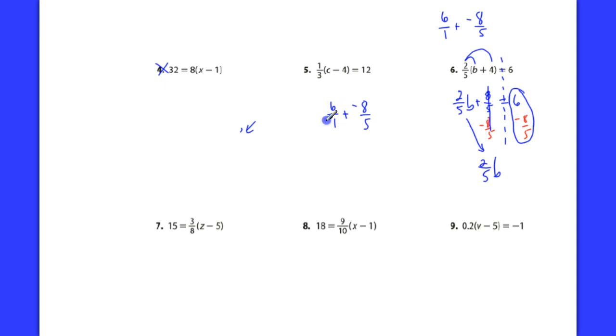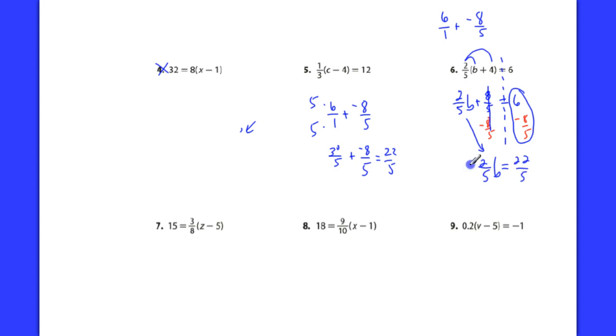We're adding, so we have to have a common denominator. I'm going to multiply that times 5 and that times 5. That would give me 30 over 5 plus negative 8 over 5. When I add 30 over 5 to negative 8 over 5, I get 22 over 5. 30 plus negative 8 is 22. So 2/5 b is equal to 22 over 5.